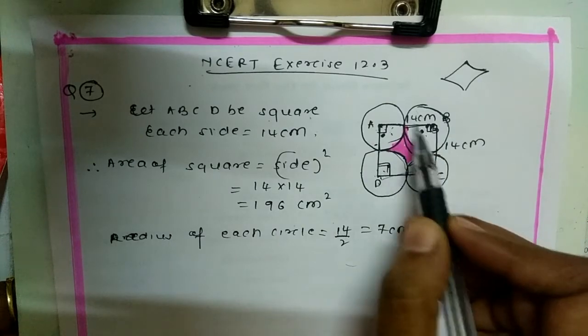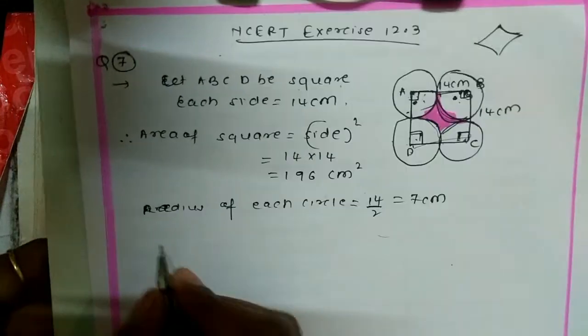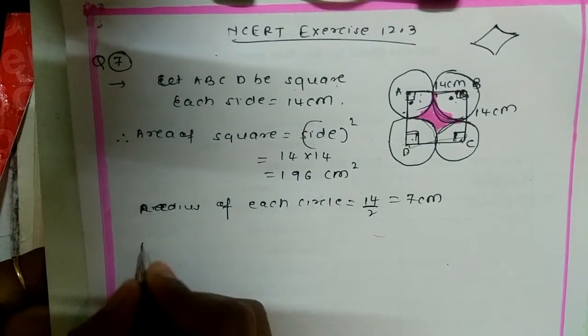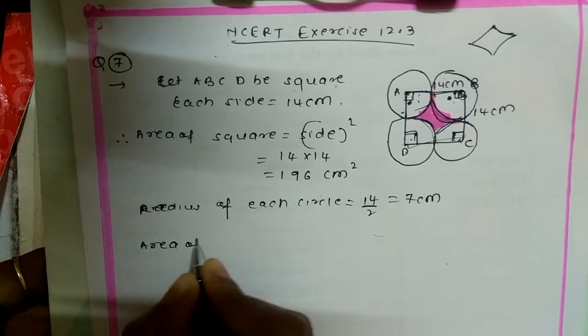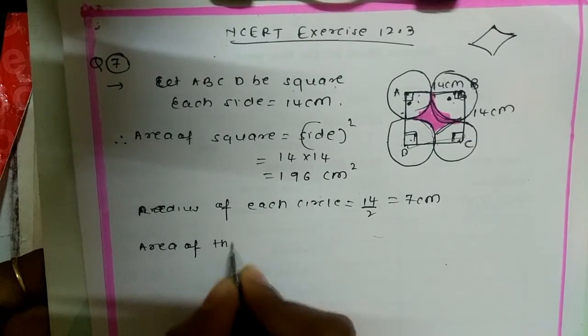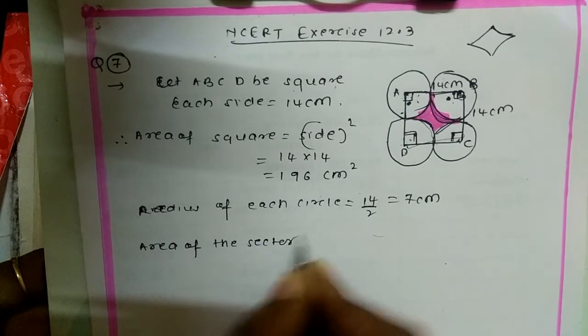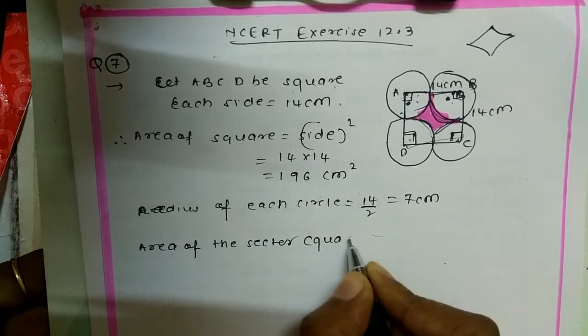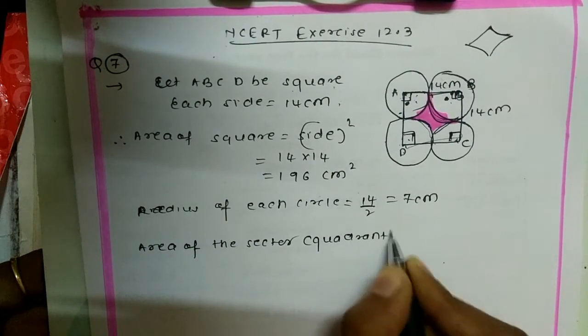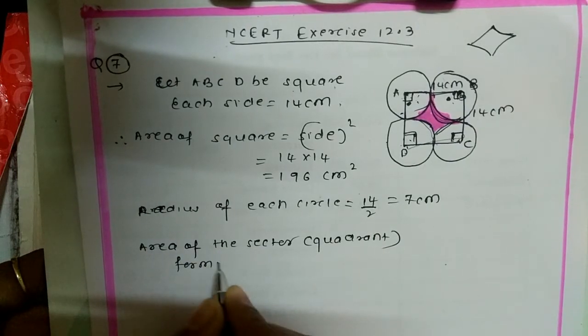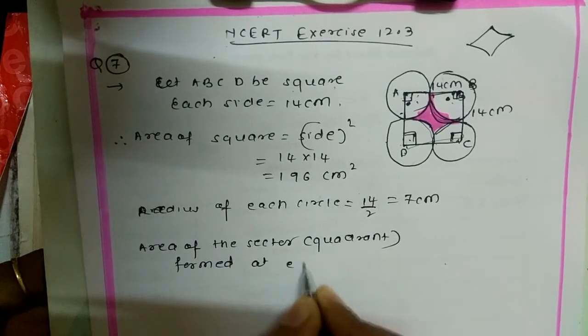These sectors are nothing but quadrants, formed at each vertex. So we'll find out the area of one sector.